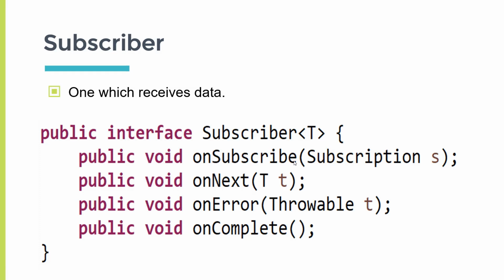As we have seen in the previous slide, subscriber will call the subscribe method to get the subscription of publisher. In return, it will get the confirmation using this onSubscribe method, just like you will get a confirmation email from the OTT platform regarding your subscription. The same applies over here. Subscriber will get the confirmation for the subscription using this onSubscribe method.